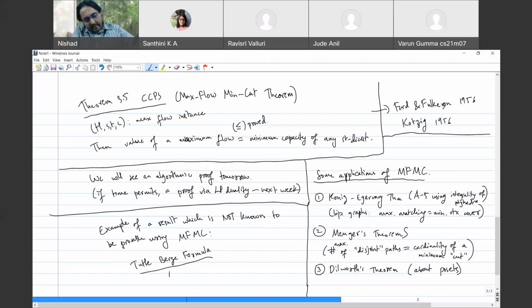What it does is it relates the size of a maximum matching in any graph. So it's a min-max result. You're relating the maximum size of any matching to the minimum of a certain quantity. I won't state this quantity right now.